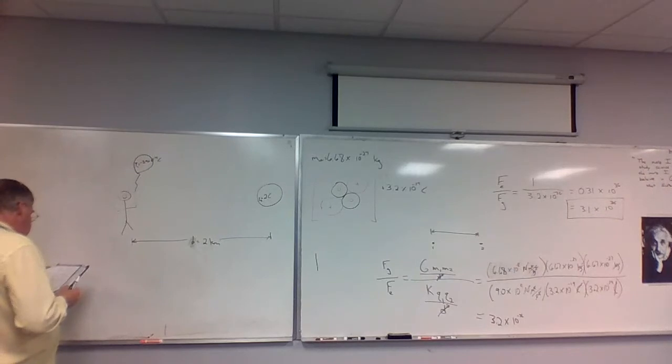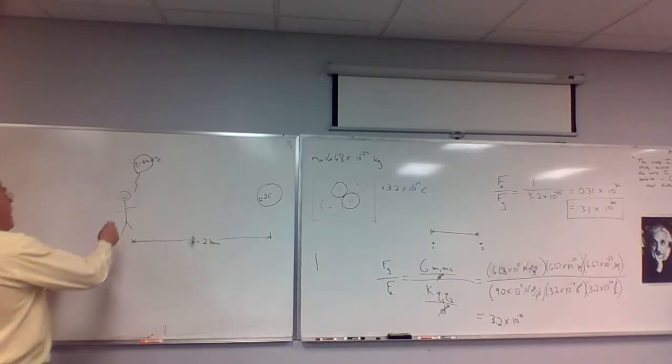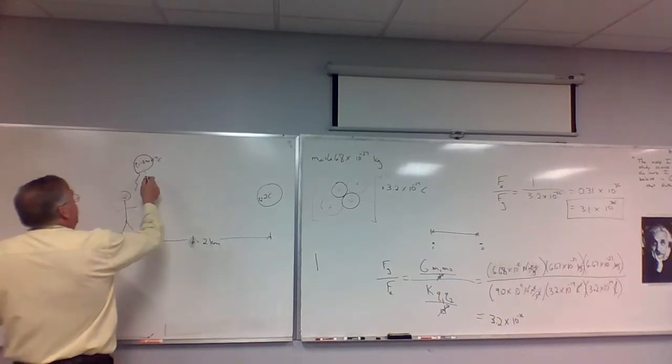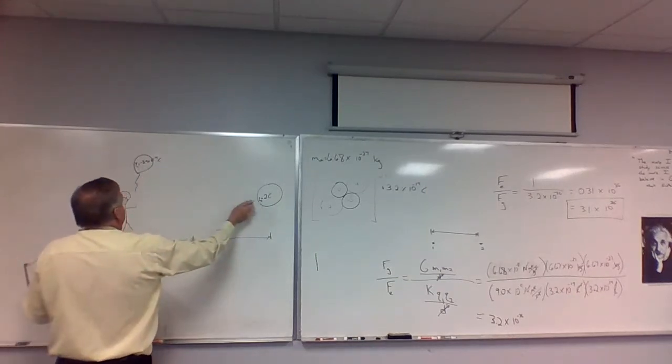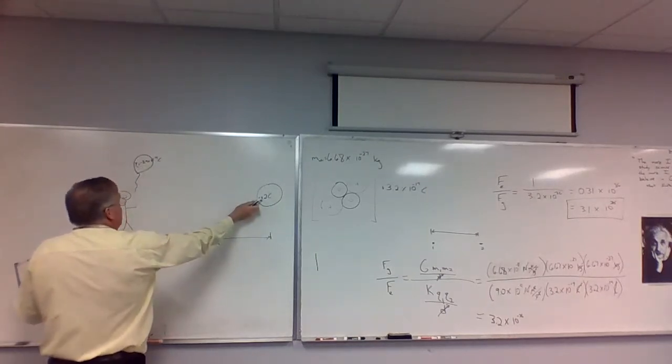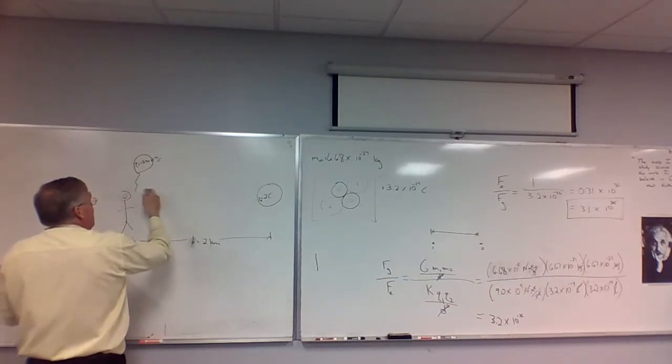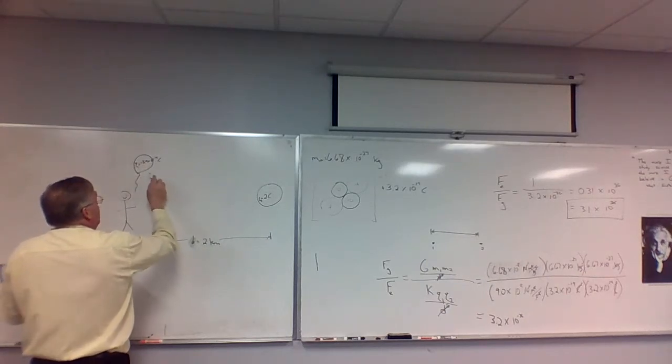So the question is, what is the force between the balloon and the metal sphere? So how hard is Macy having to pull back? Because this is negative and this is positive, and these are attracting each other. So how hard is Macy having to pull in that direction, or how hard is the balloon attracted?